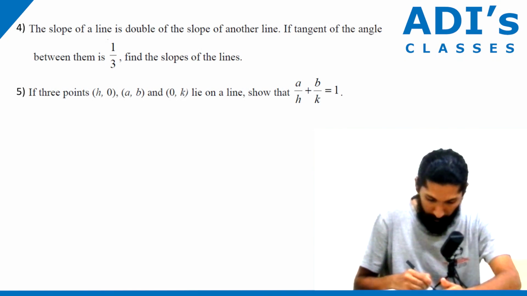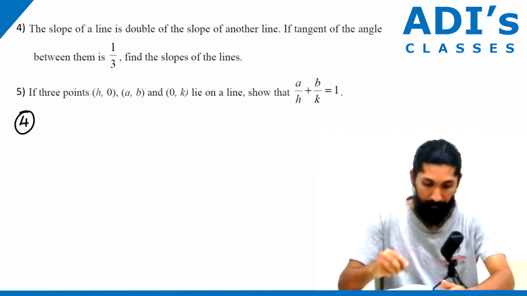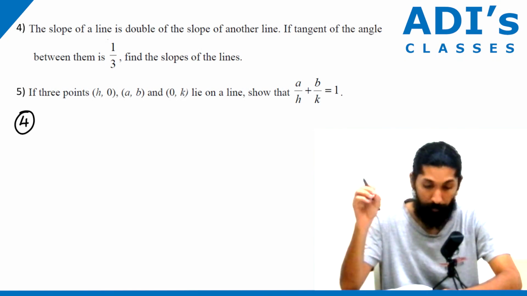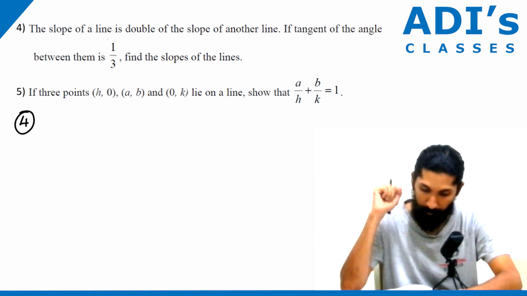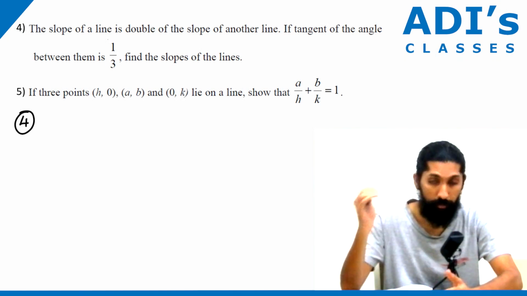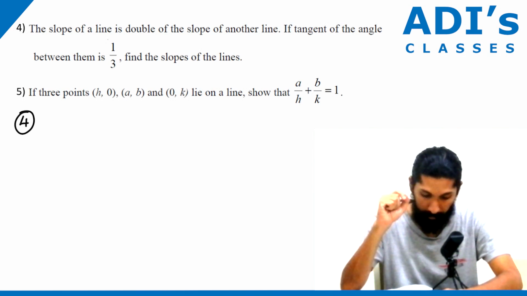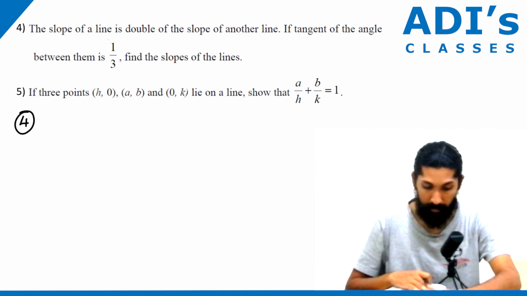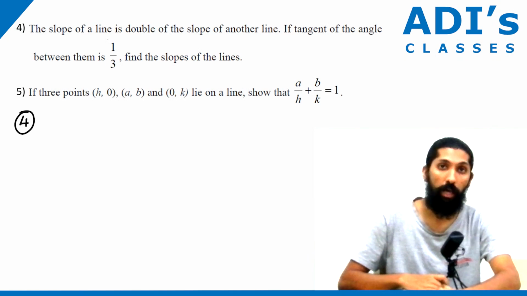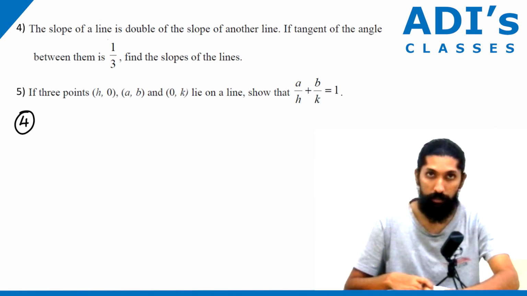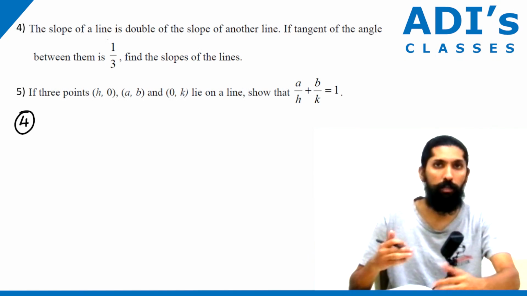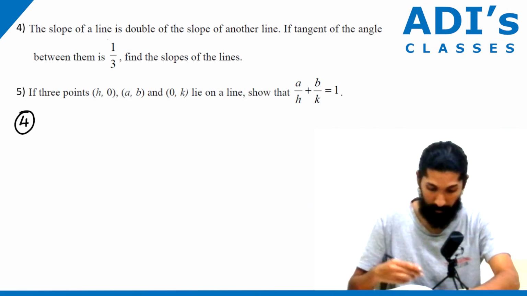Look at the fourth question now. The slope of a line is double the slope of another line. Okay? So you can say m1 is equal to 2 times m2. If the tangent of the angle between them is 1 by 3, find the slopes of the lines. So this is regarding the angle between two lines, isn't it? First, we'll write down what is given to us.